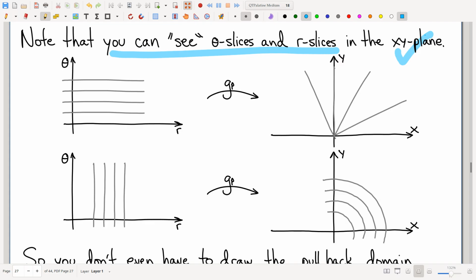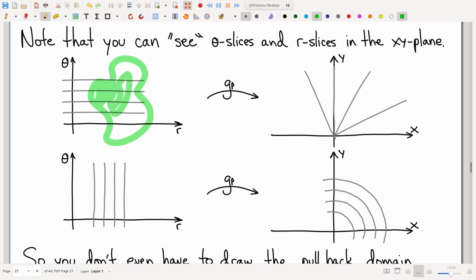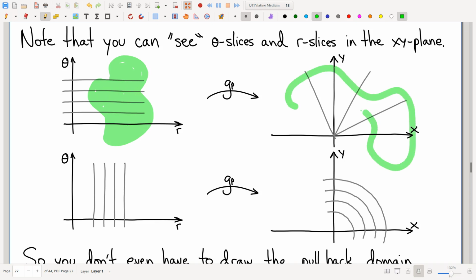So in particular, whatever your domain is here in the r theta plane, whatever that came from, oh gosh, can I draw, I don't know, something like that, our original domain, yikes, something like that maybe.